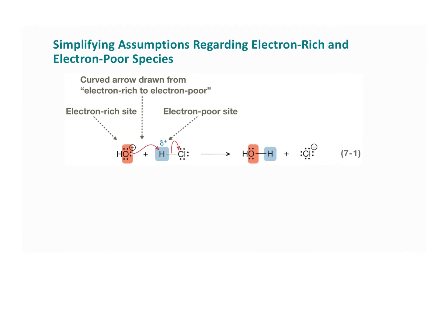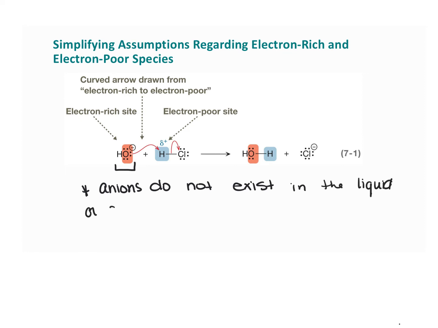Contrary to what's suggested here in equation 7.1, we can't simply add a hydroxide anion to HCl to carry out the proton transfer reaction, because anions do not exist in the liquid or solid phase without the presence of cations.